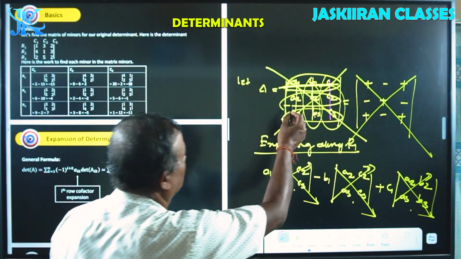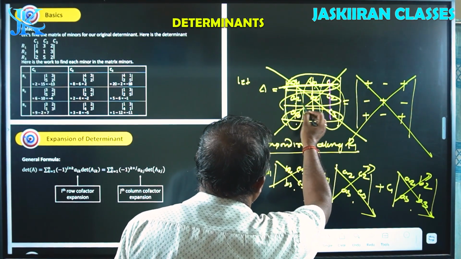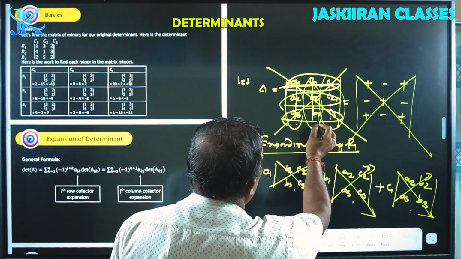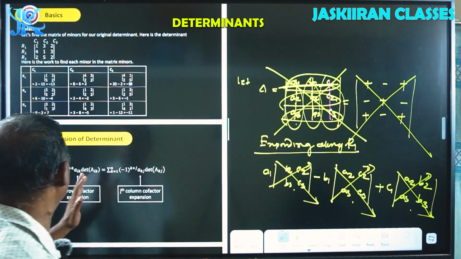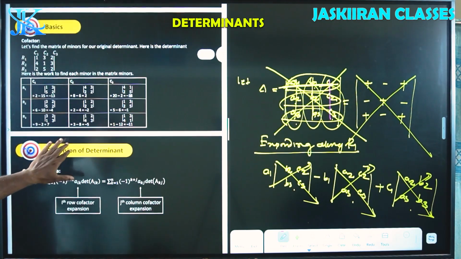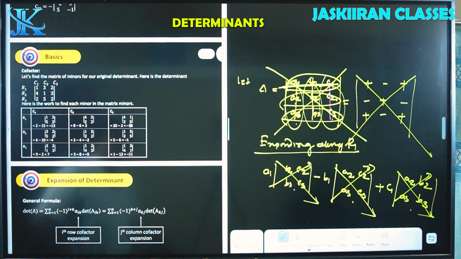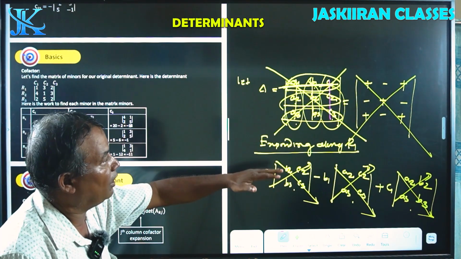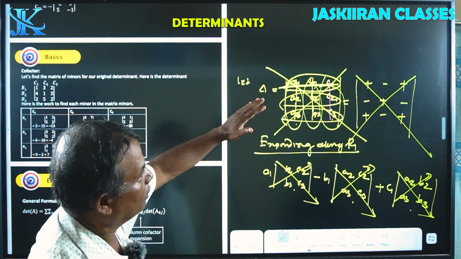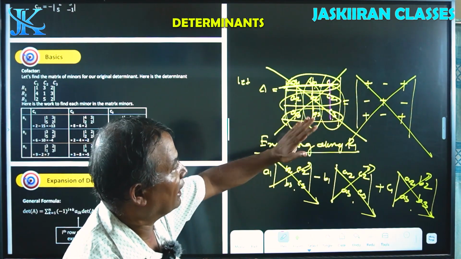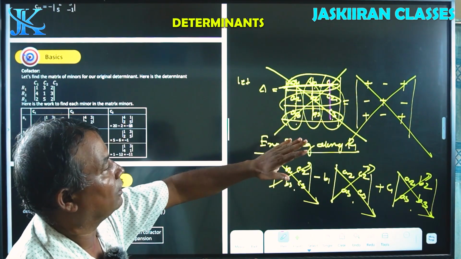Generally, whether expanding row wise or column wise, the signs are plus, minus, plus, minus, plus, minus, plus, minus, plus.